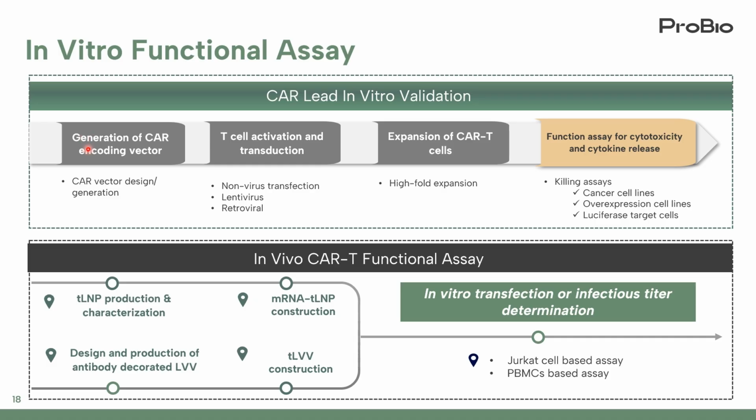For the evaluation of the in vivo deliveries, the bioassay is a little bit different. We use either Jurkat cell or PBMC to measure the infectious titer to determine the T cell targeting efficiencies.